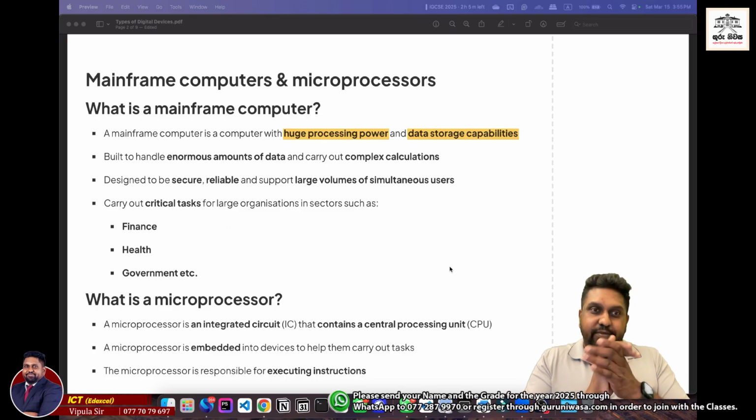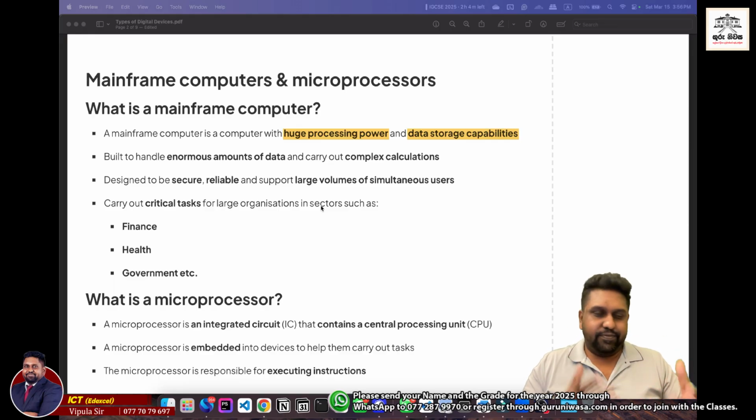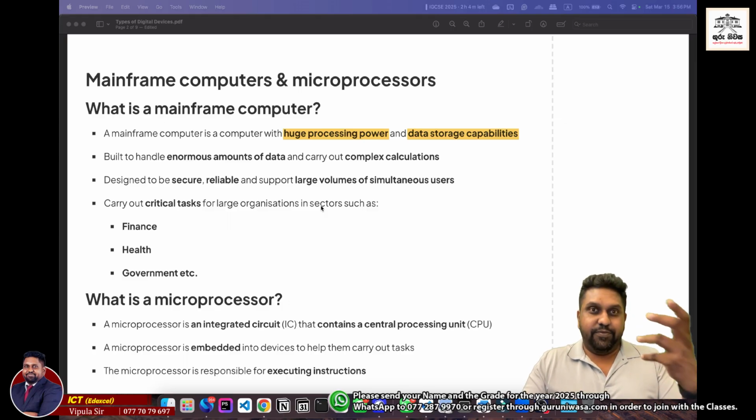At the same time, they are designed to be secure, reliable, and support large volumes of simultaneous users. When we say a large volume of simultaneous users, say you have a gaming server and you are trying to run that gaming server on your laptop.